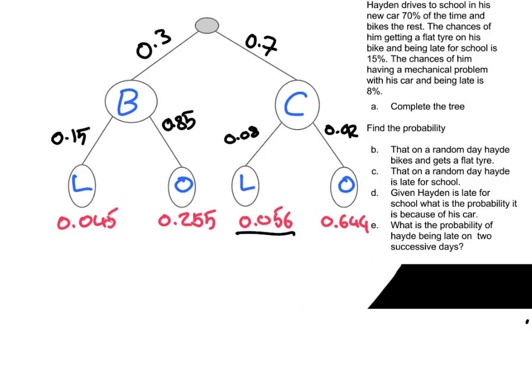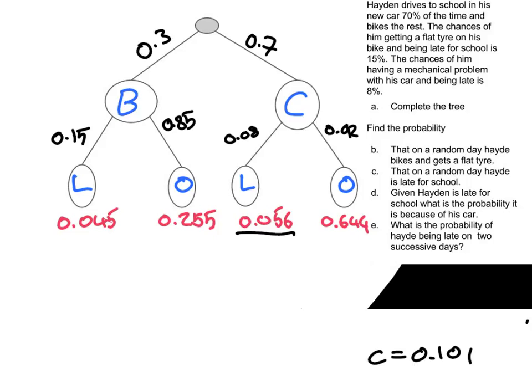So I'll just remind you that our answer to C was 0.101. So that C gives us the probability that he was late at all. So we're trying to work out the relationship between the probability that he's late and that he's late because of his car.